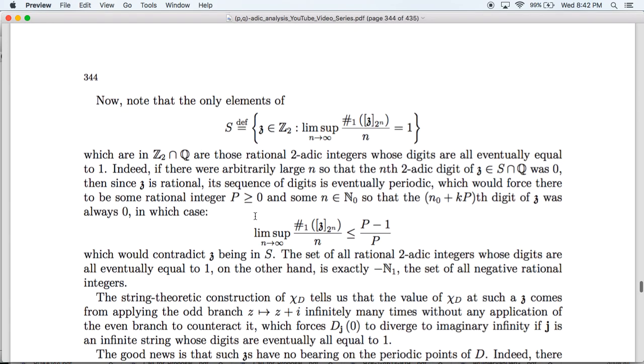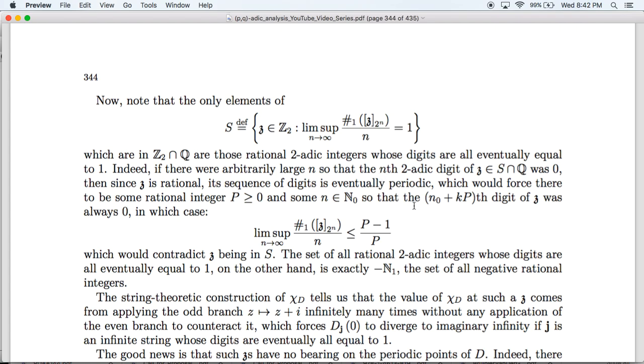So the string-theoretic construction of chi_d tells us that one way to get an element of S is to consider a z which has infinitely many ones in it.